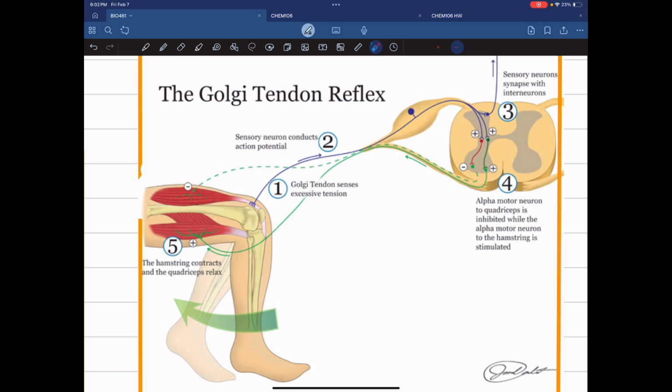It's very similar to stretch, but again, the main difference is that it's responding to tension, and this is to help prevent injury. So wherever it detects this tension, it's going to send an inhibitory signal to that quadricep, and it's going to contract the other muscle to prevent this from being injured.